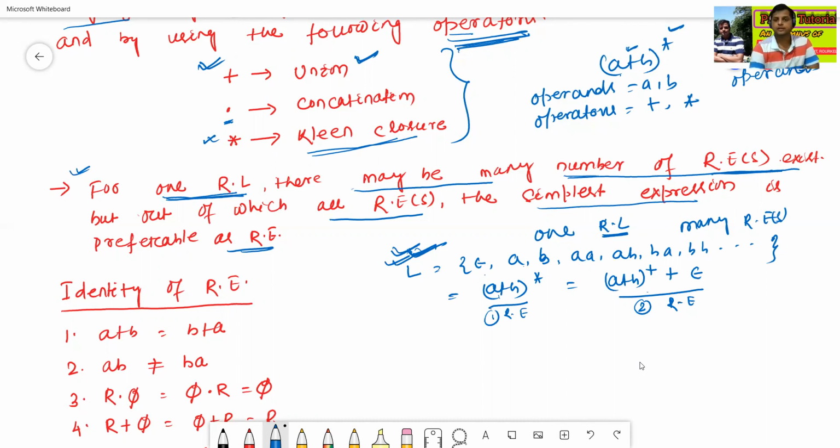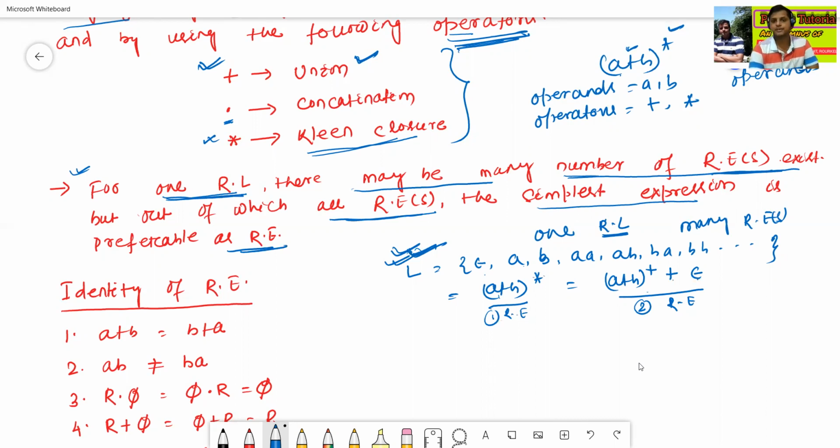Now we have two regular expressions, (a+b) whole star and (a+b) whole plus epsilon. Out of these, the simplest expression is preferable as the regular expression.